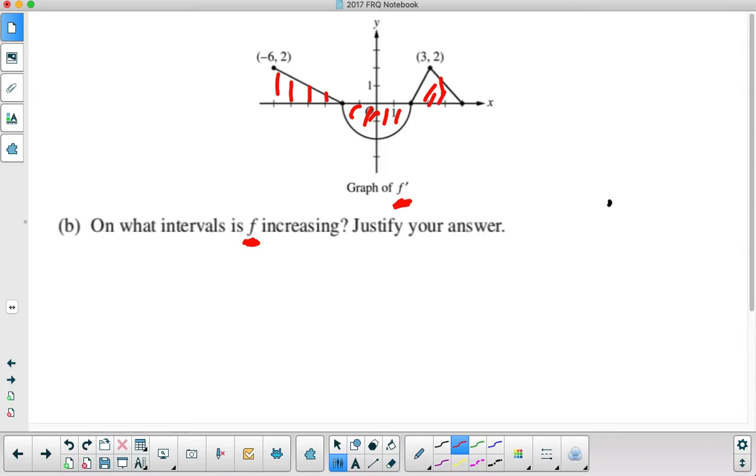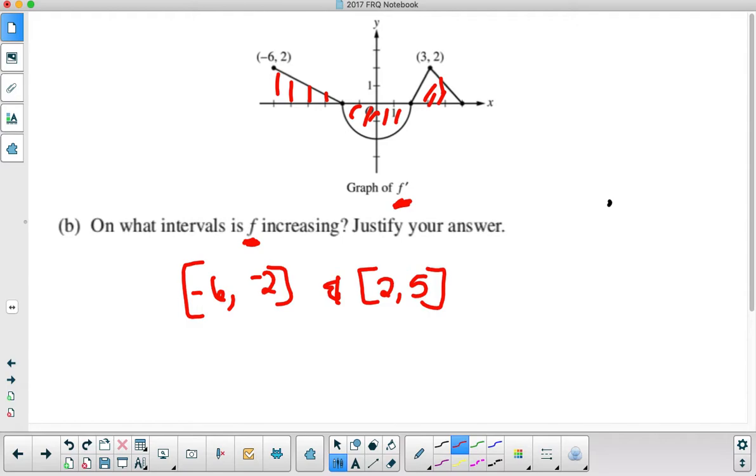The areas are increasing from -6 to -2, and then again from +2 to +5, because that's where your graph f prime of x is above 0. It's greater than 0. So that's where f would be increasing.